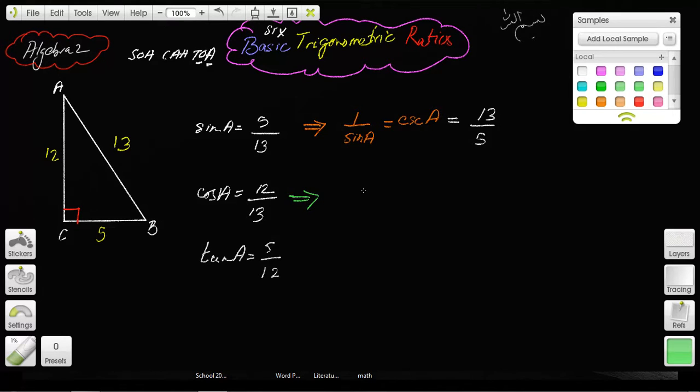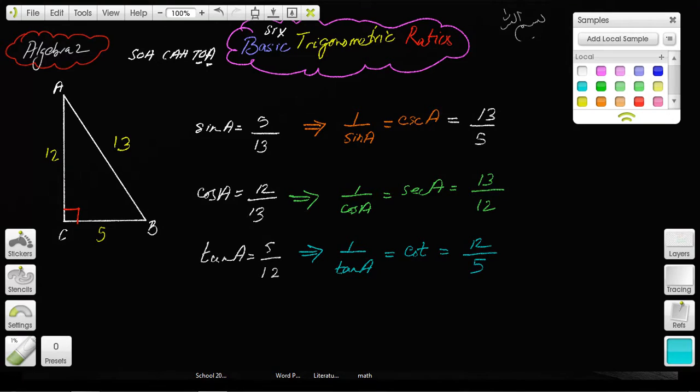And then 1 over cosine of A is going to be secant of A. That's going to be the flip of this one, so it's going to be 13 over 12. All right, and then inverse tangent, or 1 over tangent of A, is going to be cotangent. That's going to be 12 over 5.